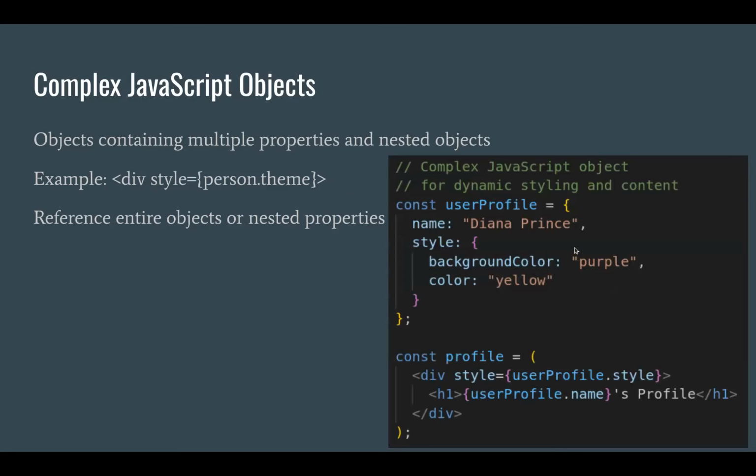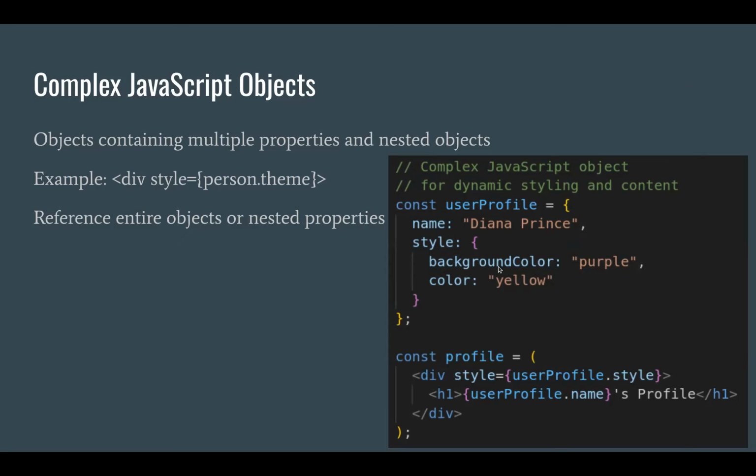Now a complex JavaScript object. I just wanted to show you a complex JavaScript example to show how React can take things a step further. You can see that this object contains various properties and also a nested object. By having this, it allows us to structure our data and styles in a sophisticated yet manageable way.